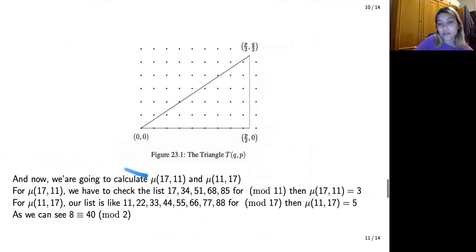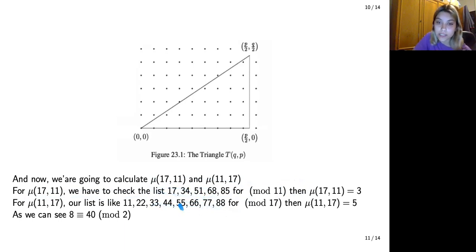Now we are going to calculate our mu for mu of 17 and 11, and mu of 11 and 17. For our first mu, we have to check the list 17, 34, etc., modulo 11. We already gave the definition of mu, and we know that in this list some of them are going to be negative and some are going to be positive, and we just take the negative ones.